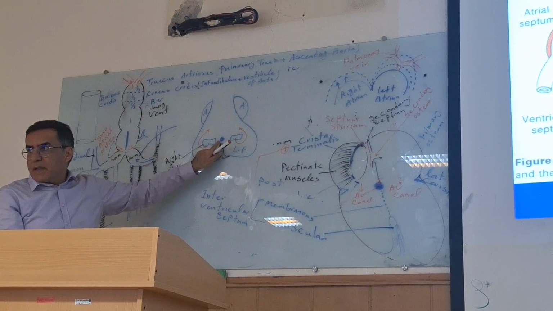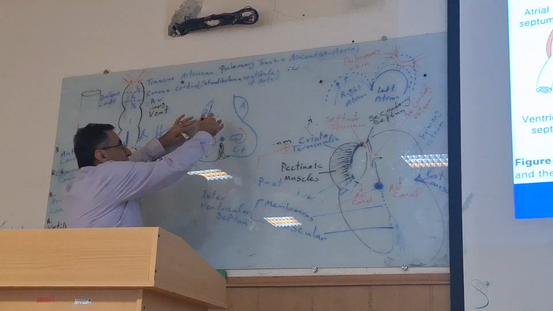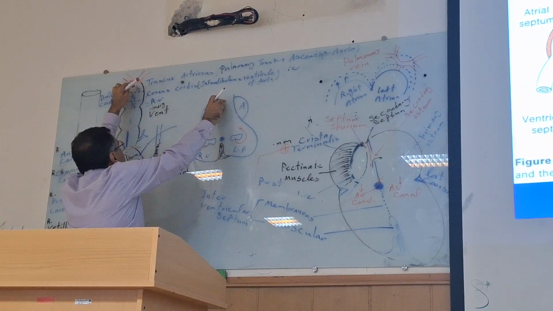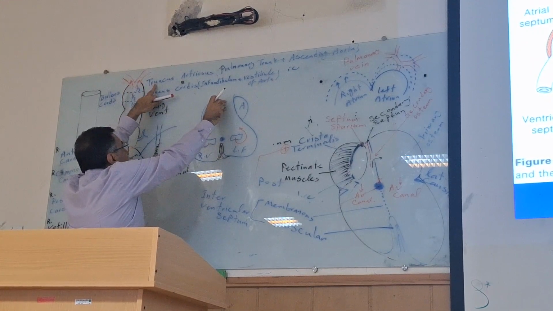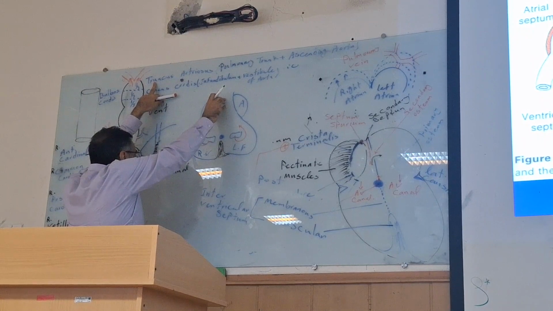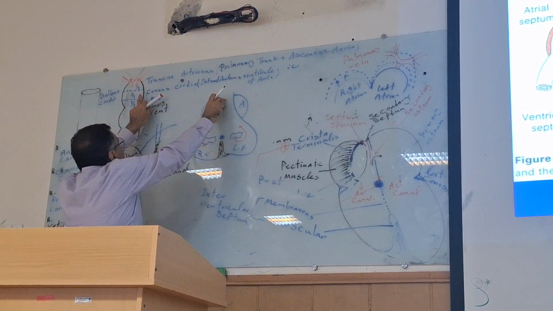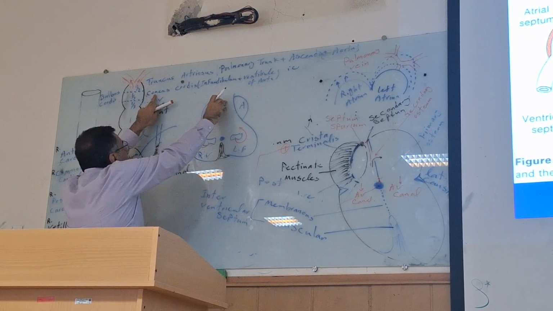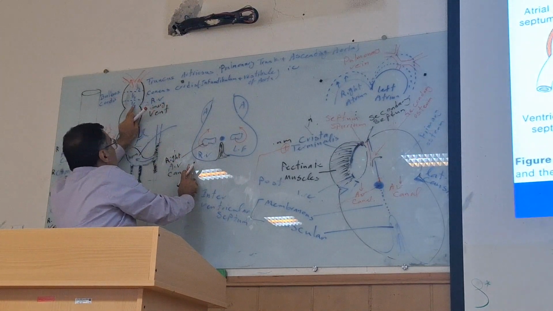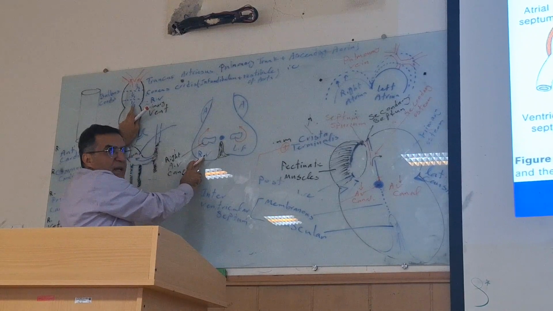It's not completed. At the same time, look at here. What is the name of this part? Do you remember the name of this? Truncus arteriosus. And this one? Conus arteriosus. The lower one third, you remember, made the right ventricle.